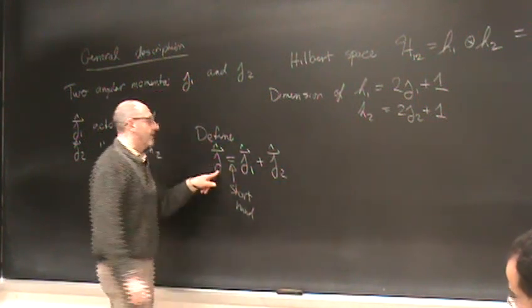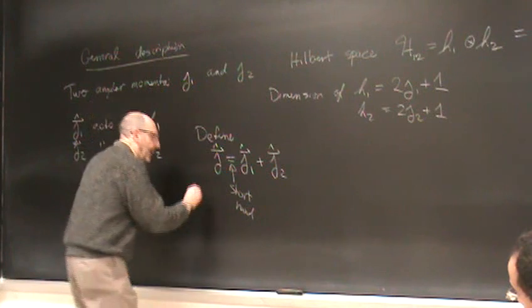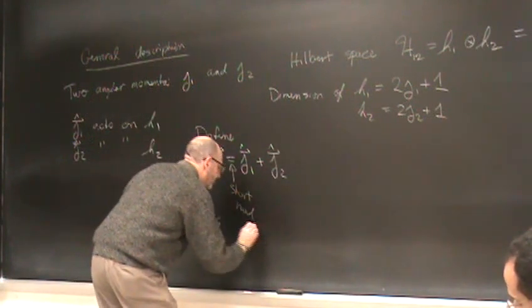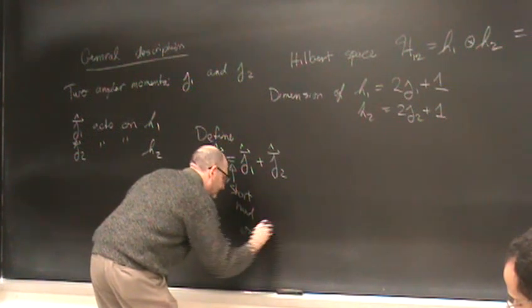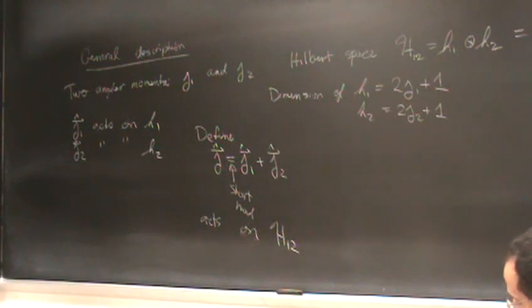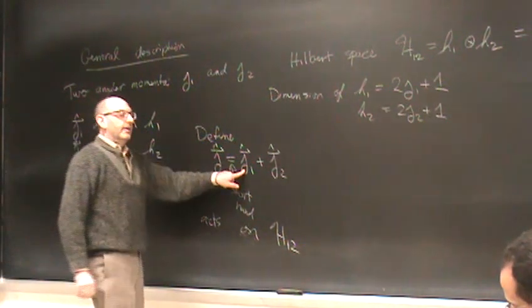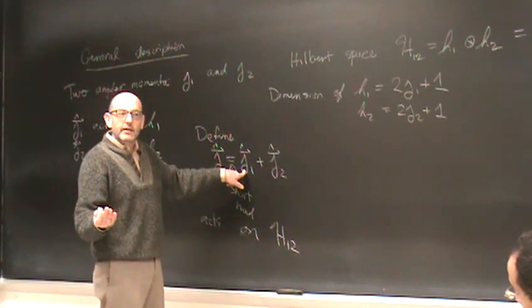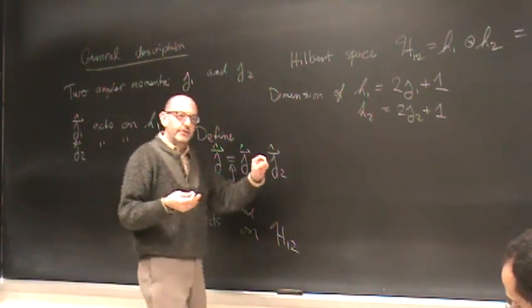Well, of course, this operator acts on the joint Hilbert space of the two subsystems. So this acts on Hilbert space 1, but it's the identity on Hilbert space 2, and vice versa.